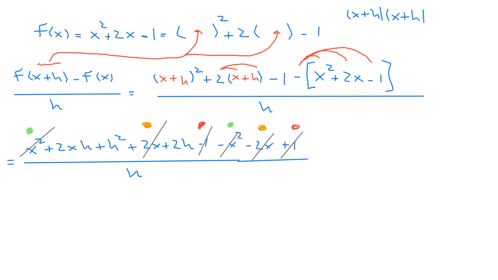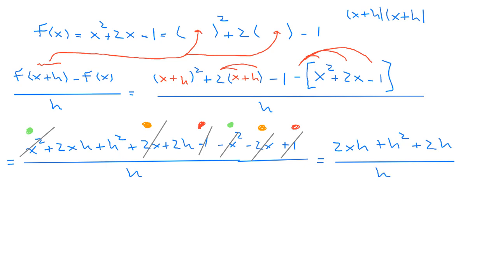I'm going to write down what's left, and I'm going to decide what to do next after that. So what's left? 2xh, h squared, and then 2h. All right, that's everything. And it's all still divided by h.